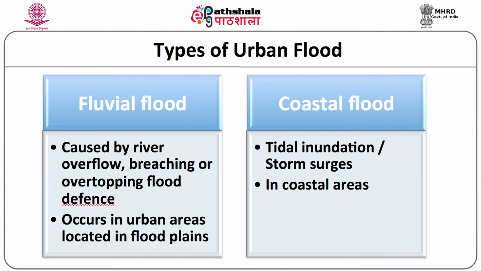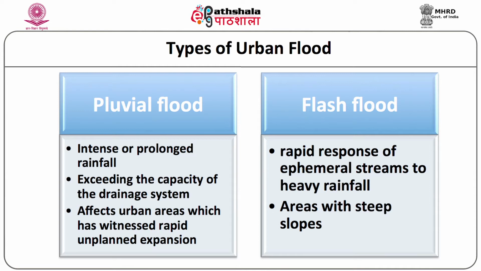Coastal flooding is caused by tidal or storm surge in cities located in coastal areas or in deltas. Pluvial flooding is caused by intense or prolonged rainfall exceeding the capacity of the drainage system, and often affects urban areas which have witnessed rapid unplanned expansion.